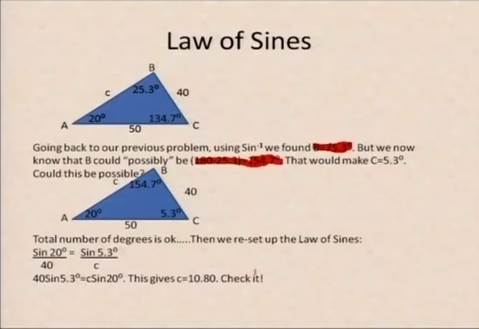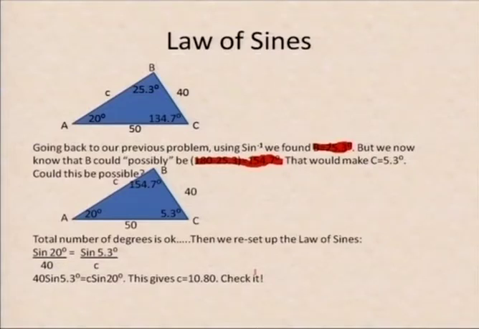Do we have the two smaller sides adding up to more than the large side? Do we have the smallest angle opposite the smallest side and the biggest angle opposite the biggest side? If we do, then we actually have two different triangles that are viable solutions in this particular problem.